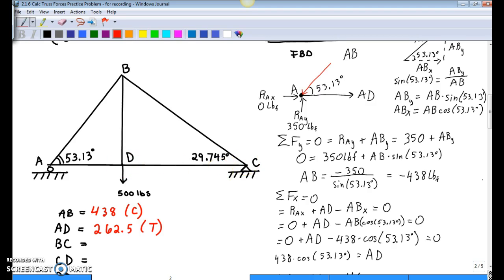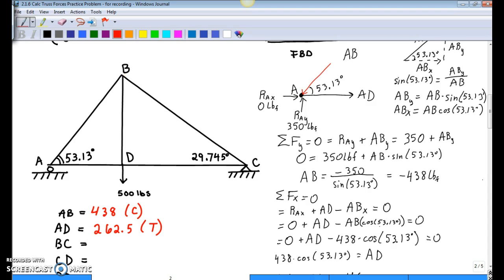And all that you would have left is BD. At joint D, the internal forces are AD, which we already solved, and CD, which we would solve at joint C. So for our third joint, we're just left with BD.